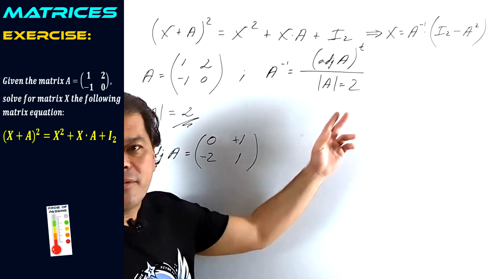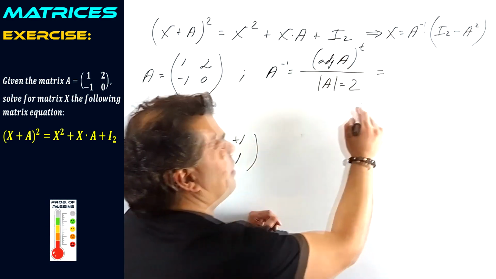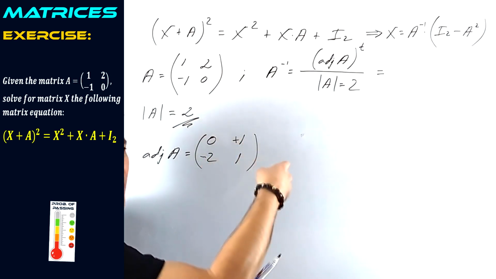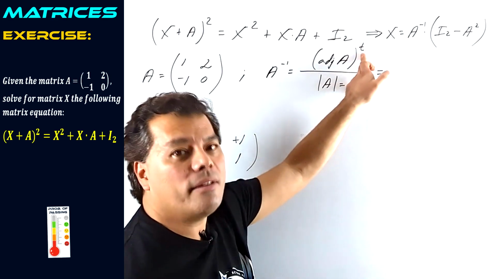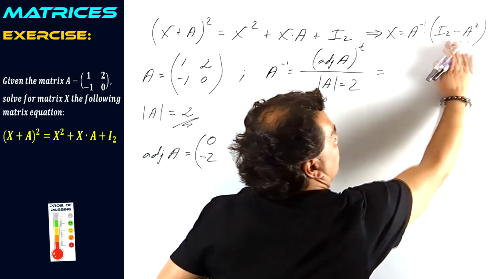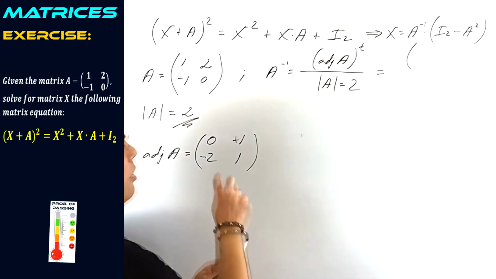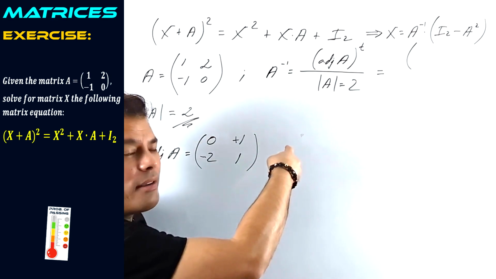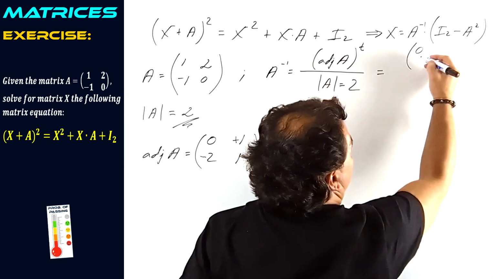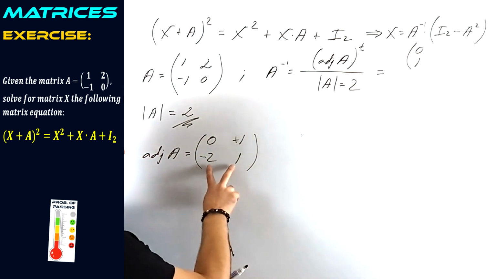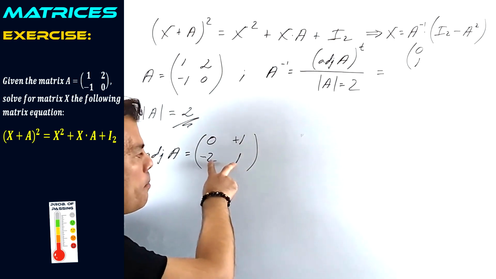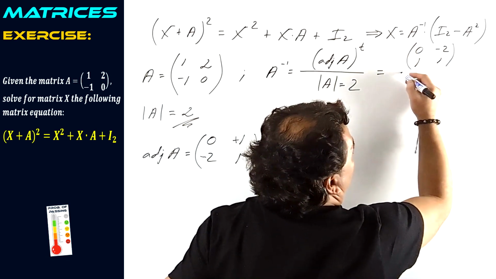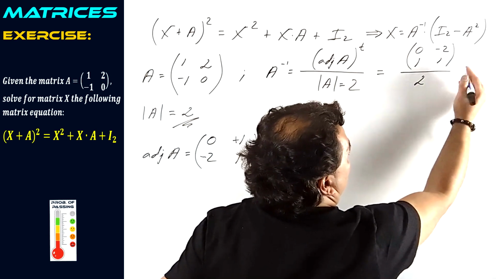Now it's time to write the solution, and let's write this matrix, but let's transpose it. Please don't forget this little big detail. So row 1, 0, 1, but turn it into the form of column 0, 1, and -2, 1, but in the form of column -2, 1, divided by 2.